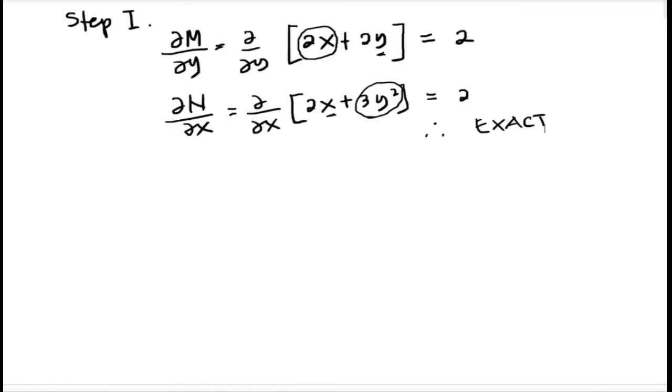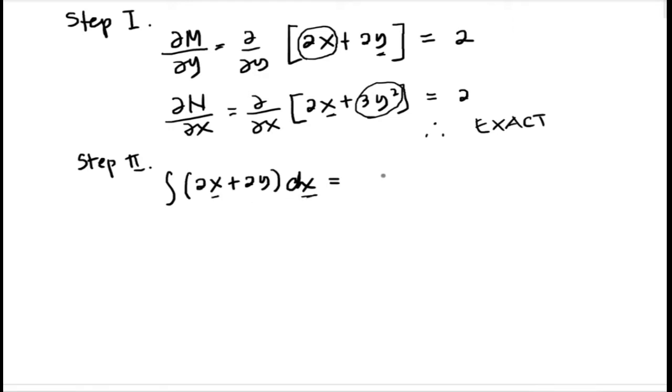For our step 2, we are going to integrate our dx term and dy term and then combine the integrals. So we have here the integral of 2x plus 2y dx. This is for our m. Again, our x here is the variable.